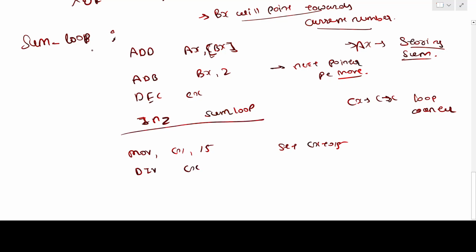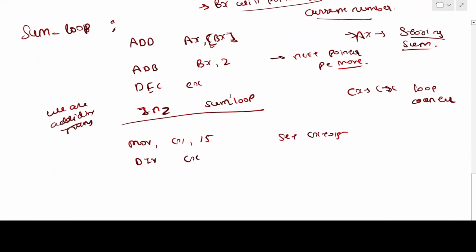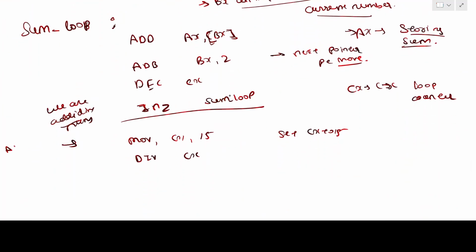Up to this point we are adding numbers, but in our question we have to find the average of 15 numbers. So from this line onwards we are averaging the sum. Divide cx, the sum by 15 to get the average.